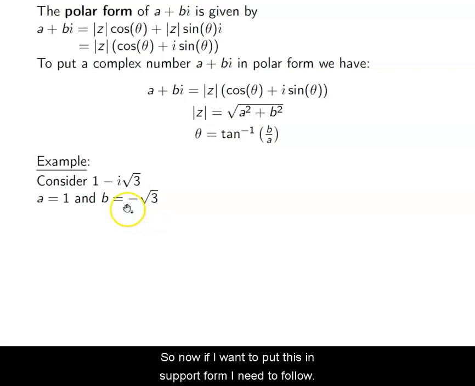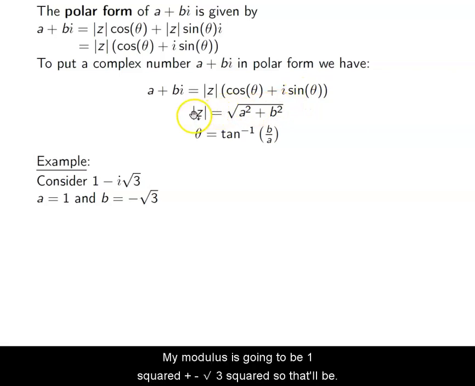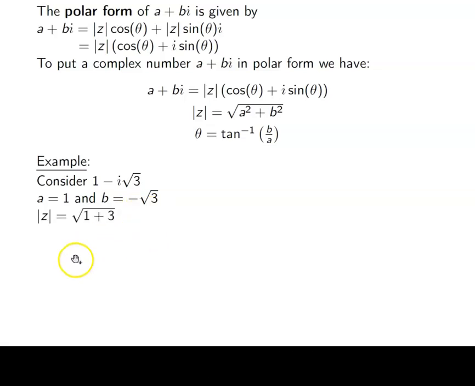Now if I want to put this into polar form, I need to follow this guideline. My modulus is going to be the square root of 1 squared plus negative square root 3 squared. So that'll be square root of 4, or just 2. So this has a length of 2, a modulus of 2. The angle formed is negative square root of 3 over 1.